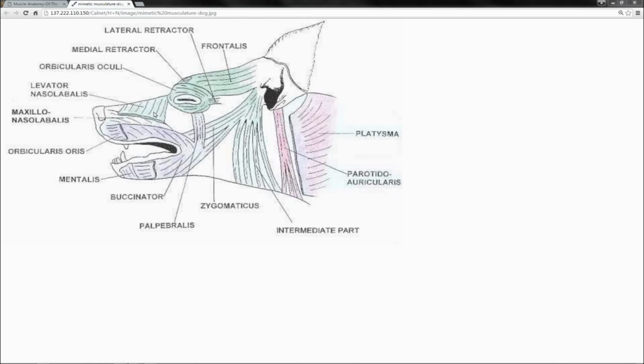There is the flat face, which you see on humans and apes and cats and bats, and there is the elongated face that you see on dogs and horses and hippopotamuses and so on.